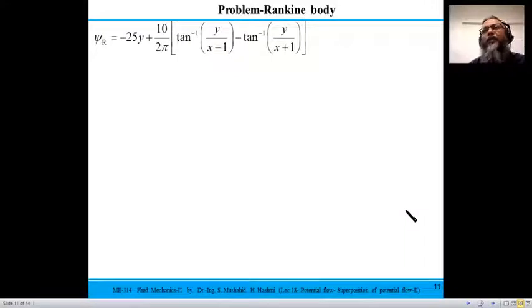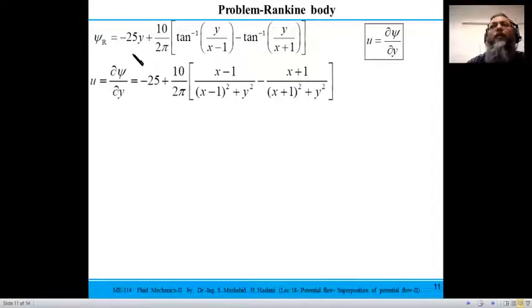Okay, now see this. As we know, if we know the stream function, we can easily work out the velocity component in x direction by differentiating with respect to y. So if I differentiate with respect to y, the derivative of the first term would be minus 25 here. Similarly, if you differentiate the other terms, you are going to get these expressions.